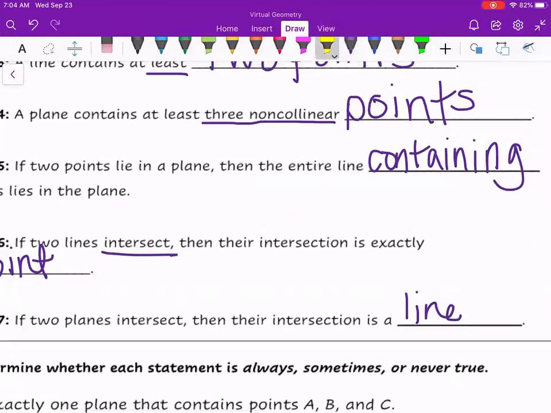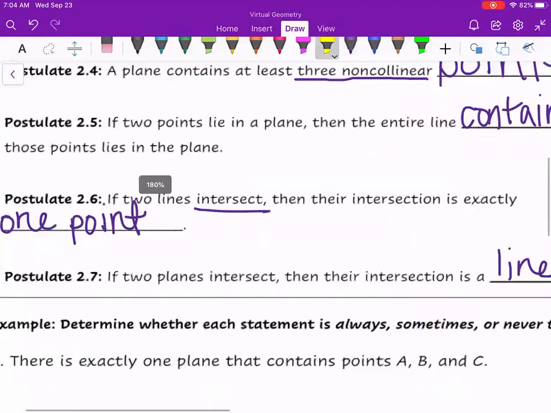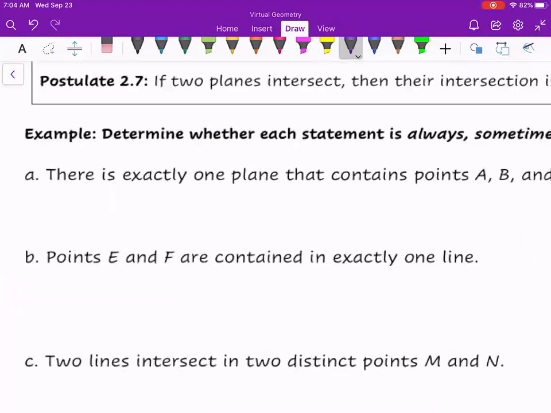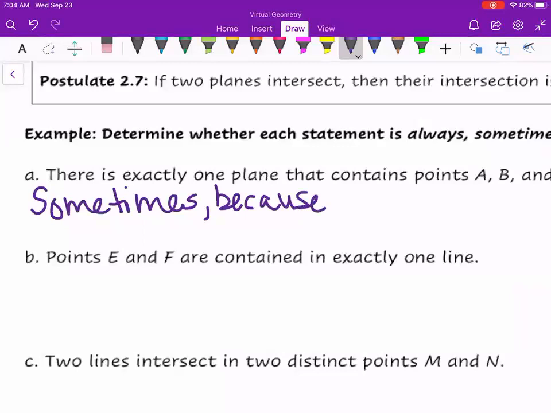We're missing the part about non-collinear. So this statement might be true if those points are non-collinear, so this is a sometimes, because we don't know if the points are collinear.